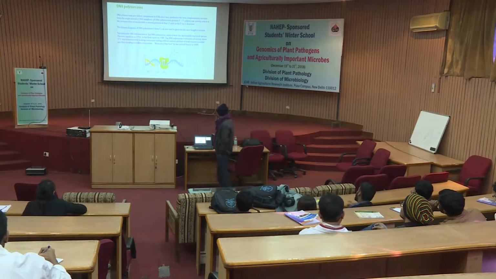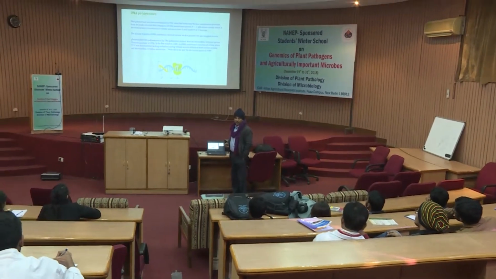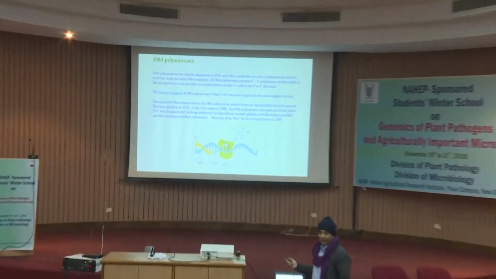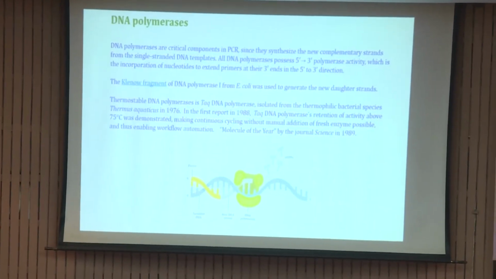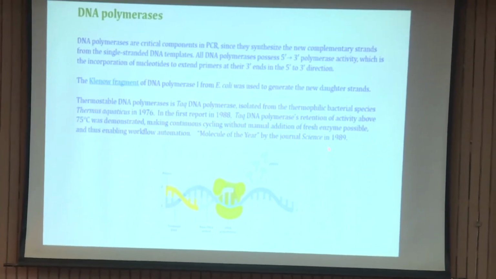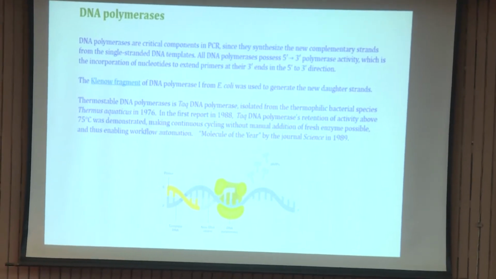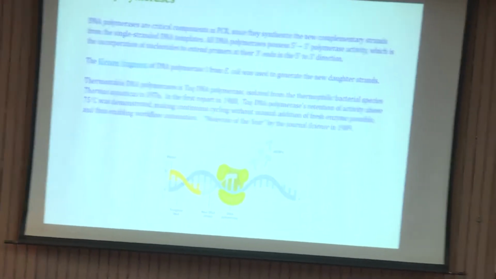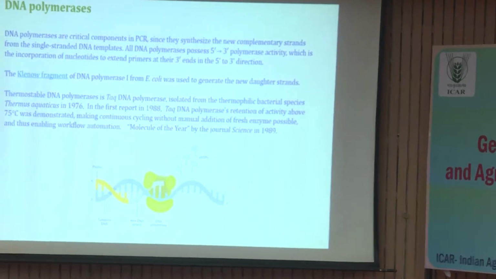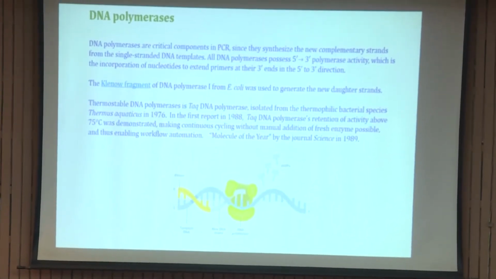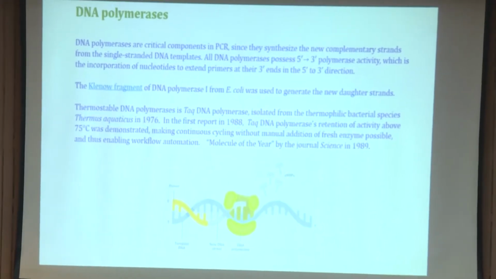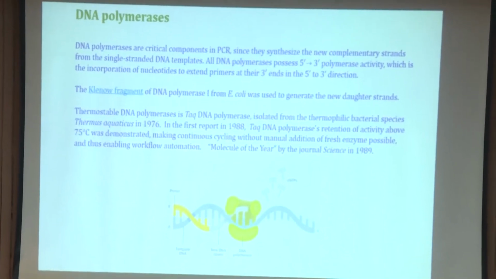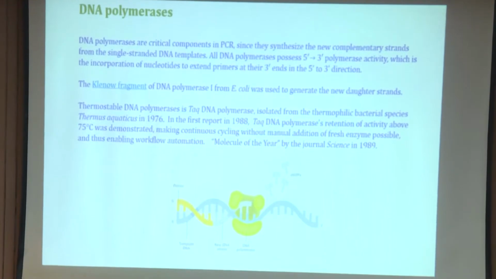One important issue about PCR reaction is the use of DNA polymerases. He has also given you an introduction about why this particular molecule was regarded as the molecule of the year in 1989. Prior to the use of Taq polymerase, they were using a fragment of DNA polymerase from E. coli, which had problems, because the temperature cannot be raised to a higher level.